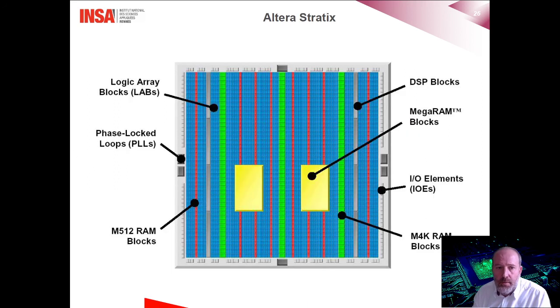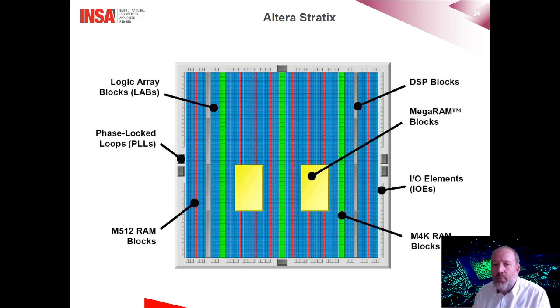The figure here shows the overall architecture of this Stratix FPGA circuit from Intel. It clearly shows the matrix structure of the logic cells that are grouped in logic array blocks, or LABs, at Intel. We can also see that they are arranged in columns. We can note that there are columns of M512 RAM blocks that are small blocks of memory containing 512 bits.